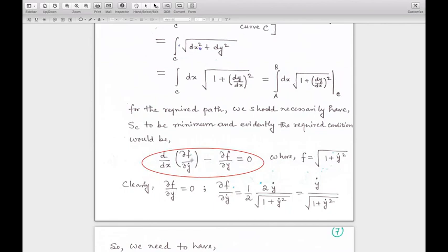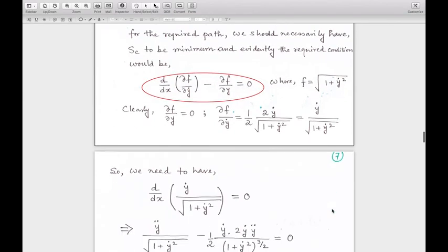Clearly, we can then calculate del f/del y dot and del f/del y. Now you can see that f only contains y dot and no y is there, so del f/del y is 0. But del f/del y dot is nothing but y dot by root over 1 plus y dot square. Okay.